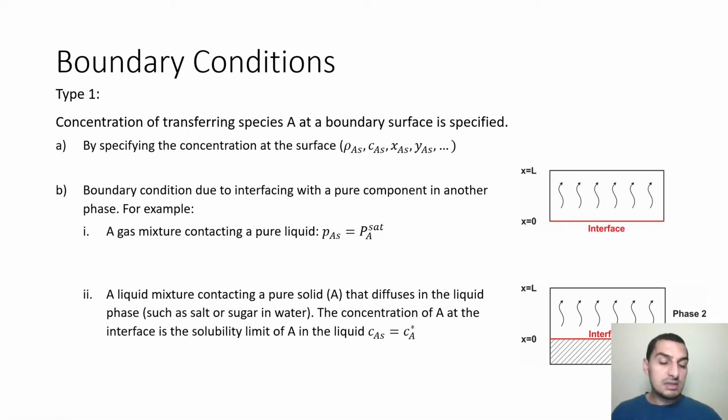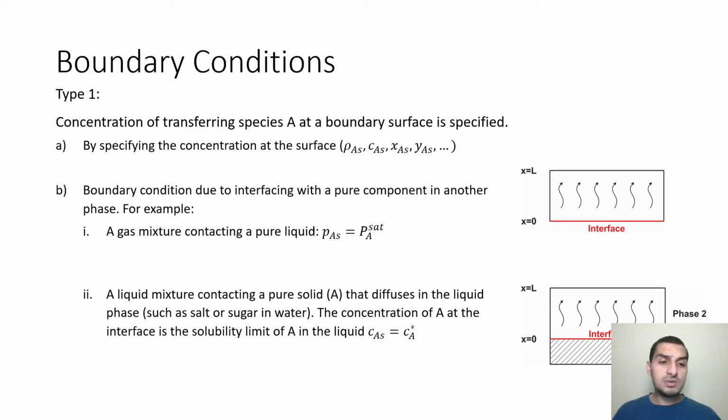So you know that at x equals 0, the concentration equals C_AS, whether it's mole fraction, density, mass concentration, molar concentration, any information related to concentration at this interface. This is the easiest case of all.